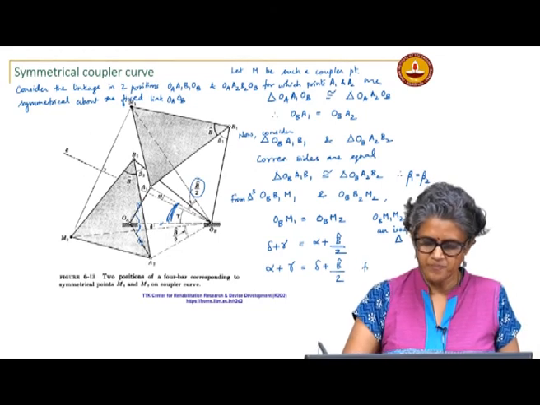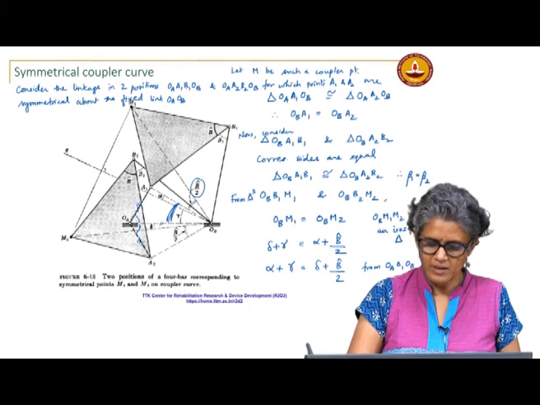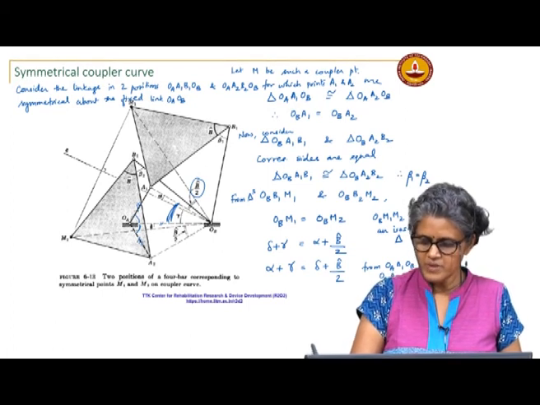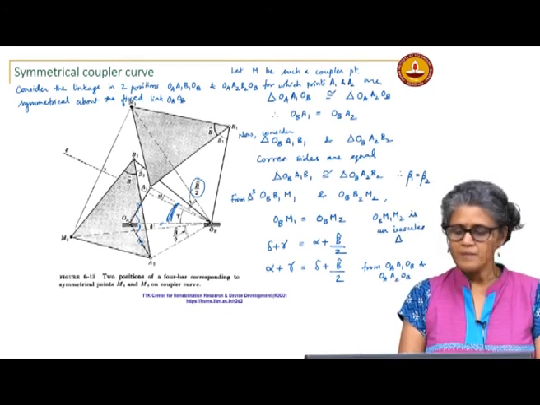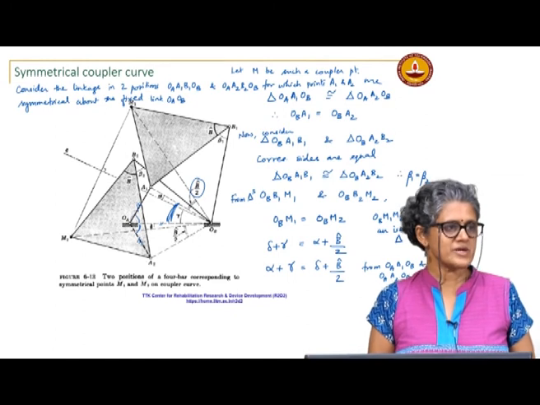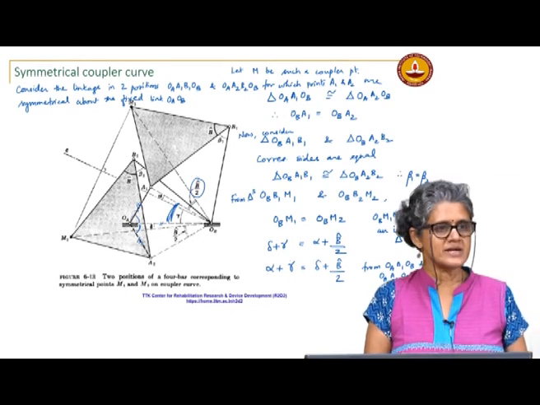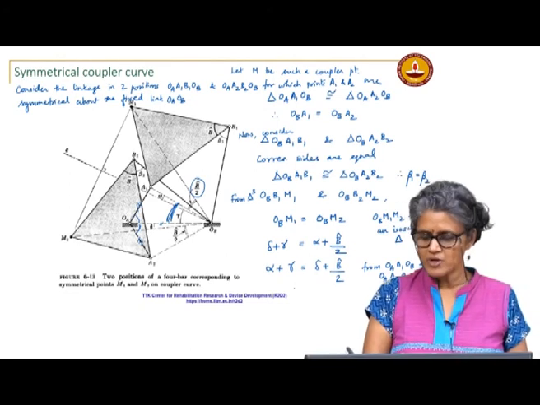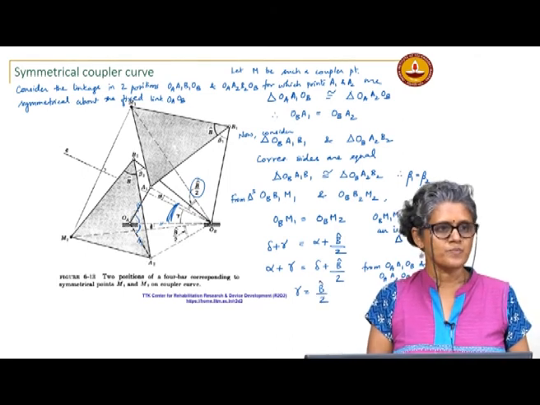This is from OA A1 OB and OA A2 OB. If I add these two equations, I get rid of alpha and delta. Therefore, I get 2 gamma equals B cap, or gamma equals B cap by 2.